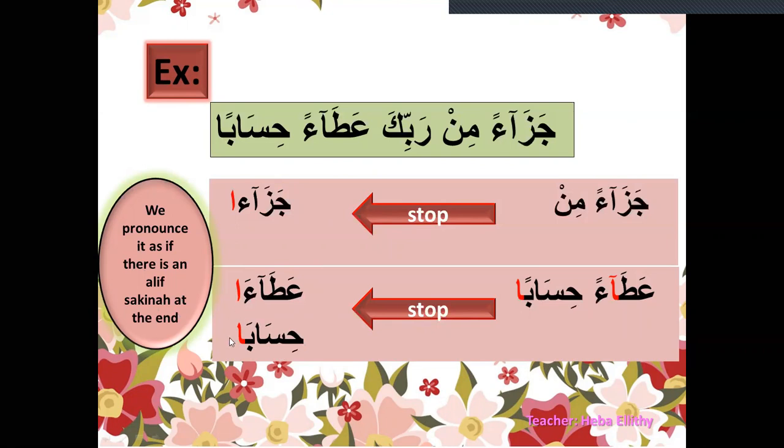If this ألف is written from the beginning, or if it's not written, in both cases I stop with ألف. This alif we don't write, but we pronounce it when I stop.